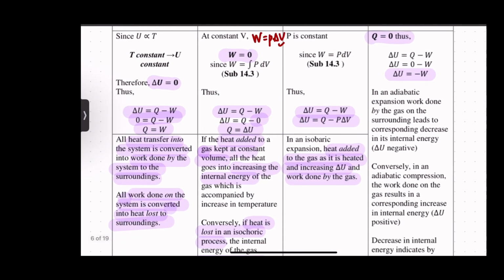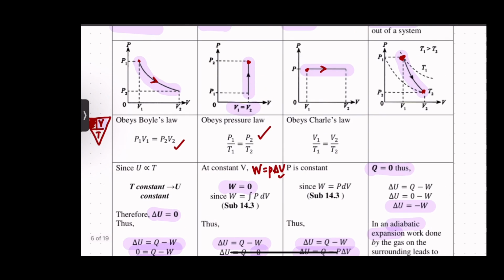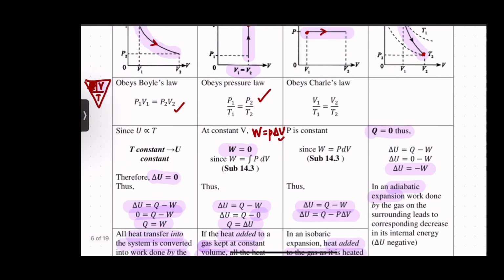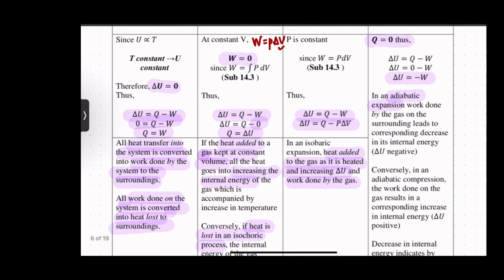Okay, dalam adiabatic ni, adiabatic expansion maksudnya daripada volume rendah kepada volume yang tinggi. So the work done by the gas into the surrounding lead to corresponding decrease in the internal energy. So nampak tak delta W? Delta W means negative W. Okay.